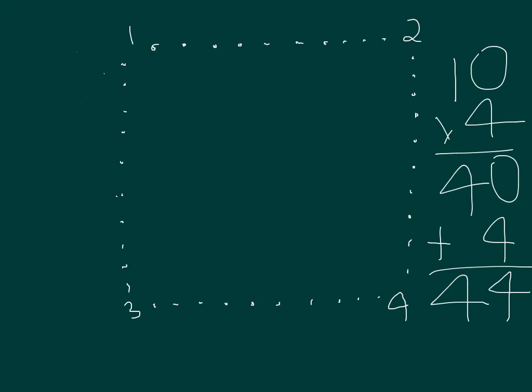Alright, so let's use that thinking. If it's the 10th figure, there are 10 boxes on the top, bottom, right, and left, right? And then you have the 4 corners. So let's use that thinking to find the 100th case.